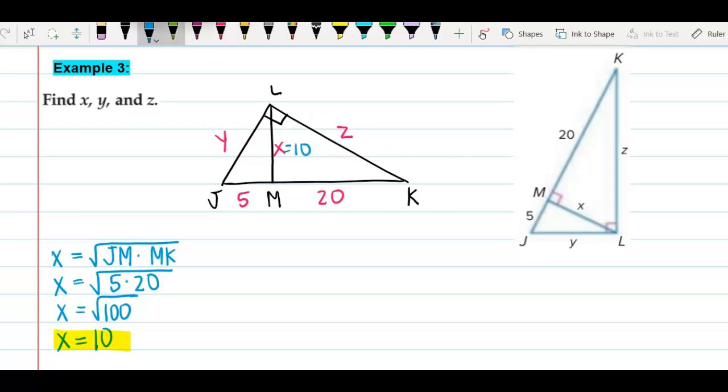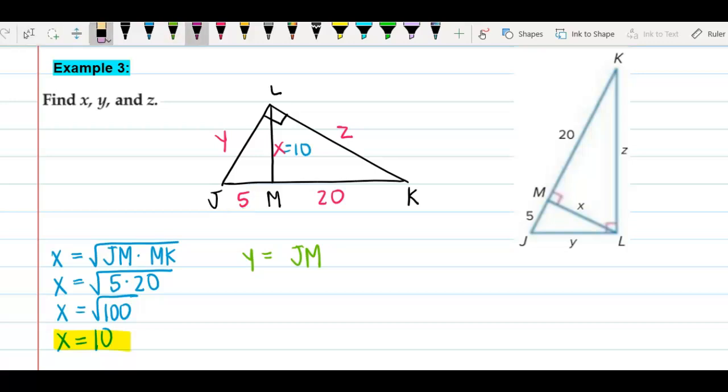Okay, next I'm going to move on to Y. If I wanted to find Y, this is a little different because it's finding the side of the triangle. So for the height, we take both pieces of the base. This time, I'm going to use the piece of the base that's closer to Y, so that would be this 5 here. So I'm going to take JM, but this time I'm going to multiply it by the entire base.